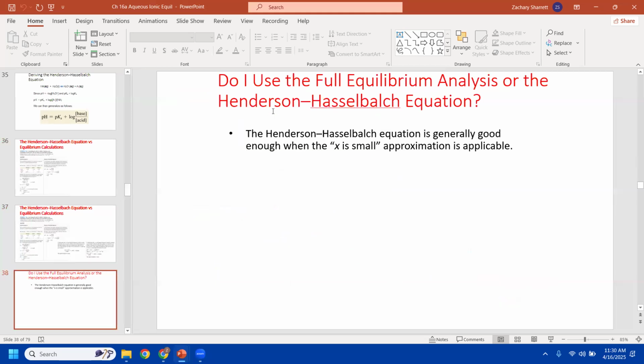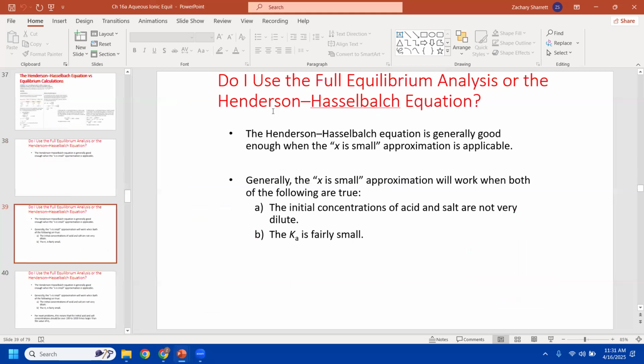Do I use the full equilibrium analysis or the Henderson-Hasselbalch equation? The answer is the Henderson-Hasselbalch is generally good, except for when the x is small approximation is not valid. So how can you decide? Generally, the x is small approximation will work when both of the following are true. The initial concentrations of acid and the salt are not very dilute, and the Ka is fairly small.